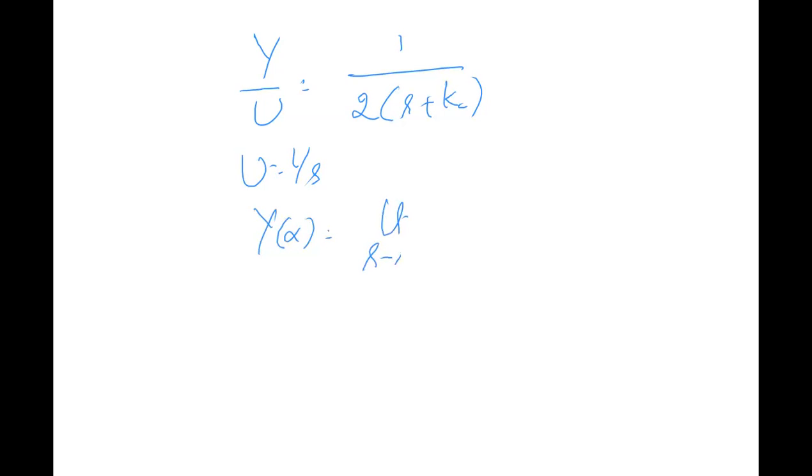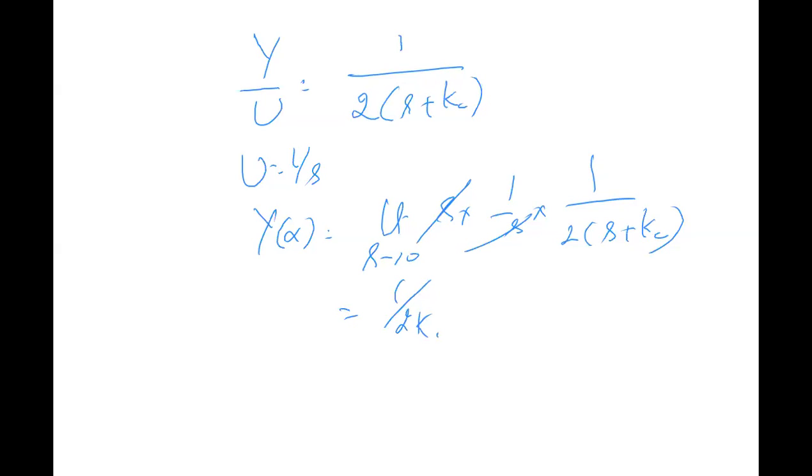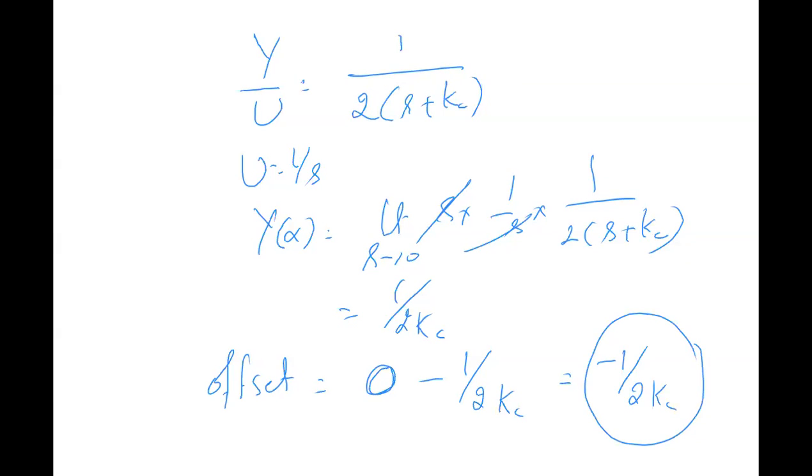Y by U is equal to 1 by 2 into S plus Kc. Now U is equal to 1 by S, because it is given. So Y of infinity is limit S tends to 0, S into 1 by S into 1 by 2 into S plus Kc. The S's will cancel, giving 1 by 2 Kc. So the offset is expectation 0 minus reality 1 by 2 Kc, which is minus 1 by 2 Kc. This is the offset.